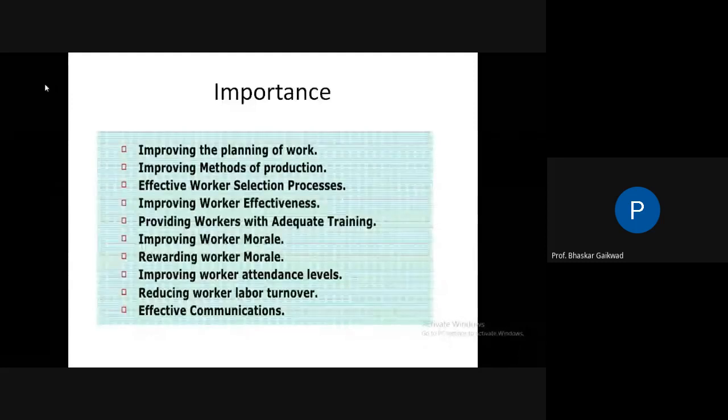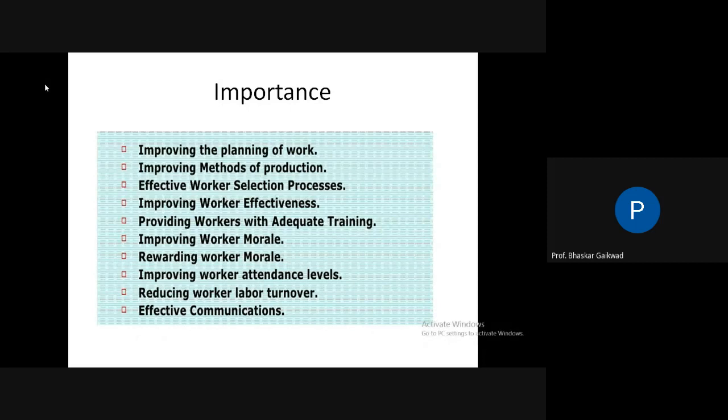Labor turnover: in some industries previously, to lift or load and unload the job, or for transportation purposes, many times they used to put the load on the shoulders of the workers.